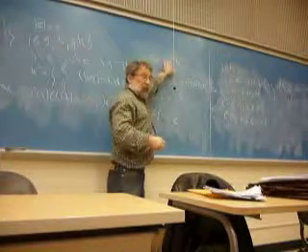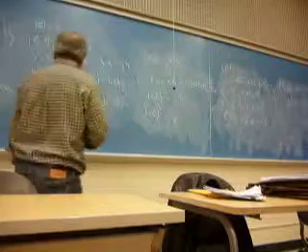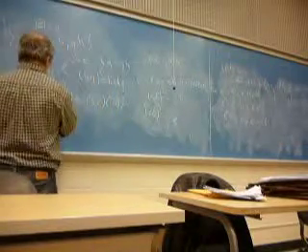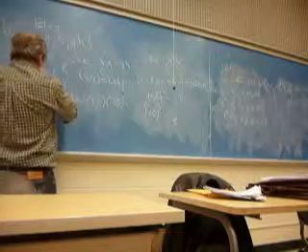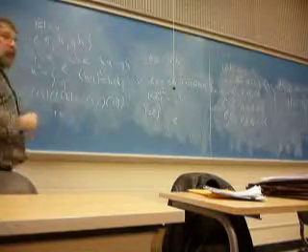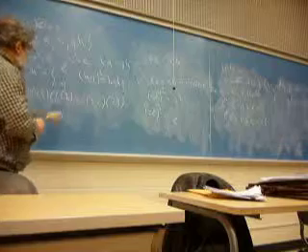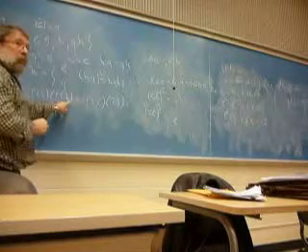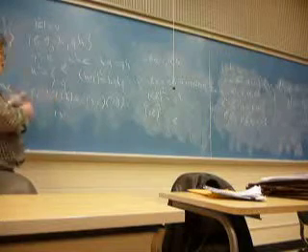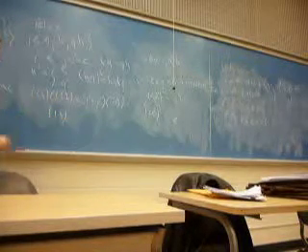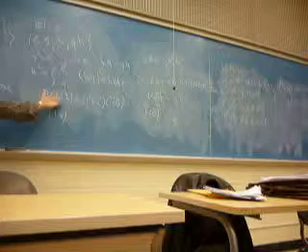I'm checking this one, right? Well, where does 1 go here? 1 goes to 2, and 2 goes to 3, so 1 goes to 3. Where does 3 go? To 1. 3 goes to 1, right? And then I don't have any choice, 2 goes to 2.